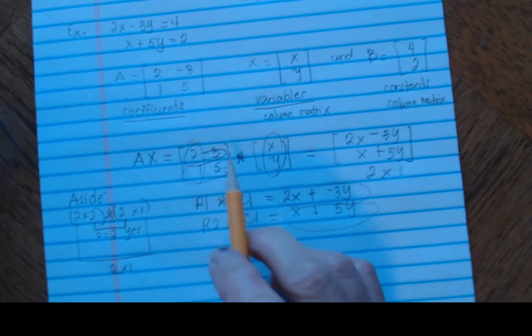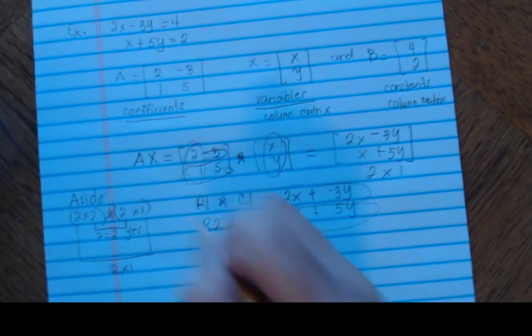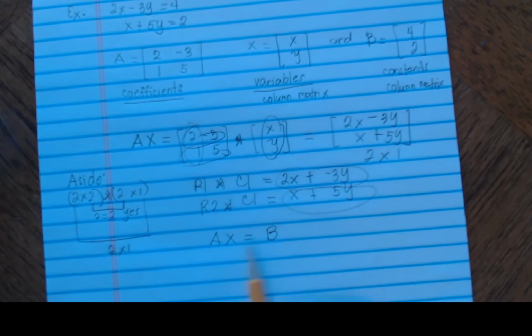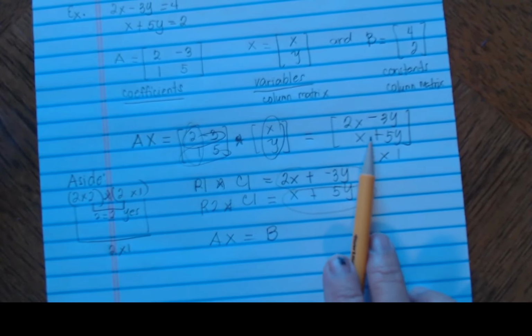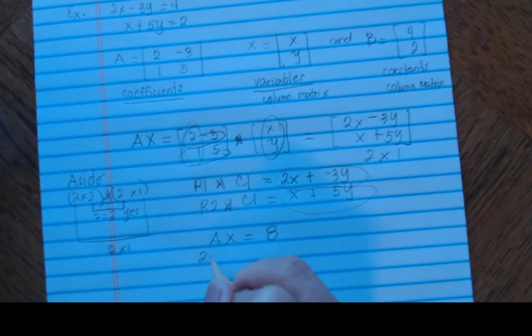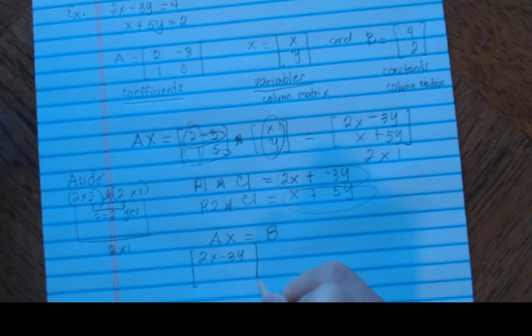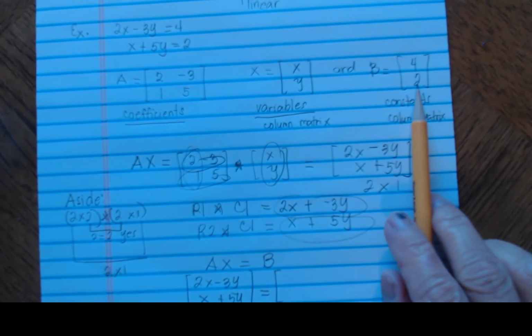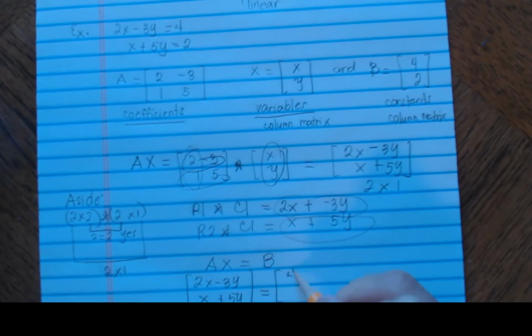So now you're gonna get AX equals B, the constants. AX is this: 2x minus 3y, x plus 5y, equals B, which is a column matrix, 4, 2.